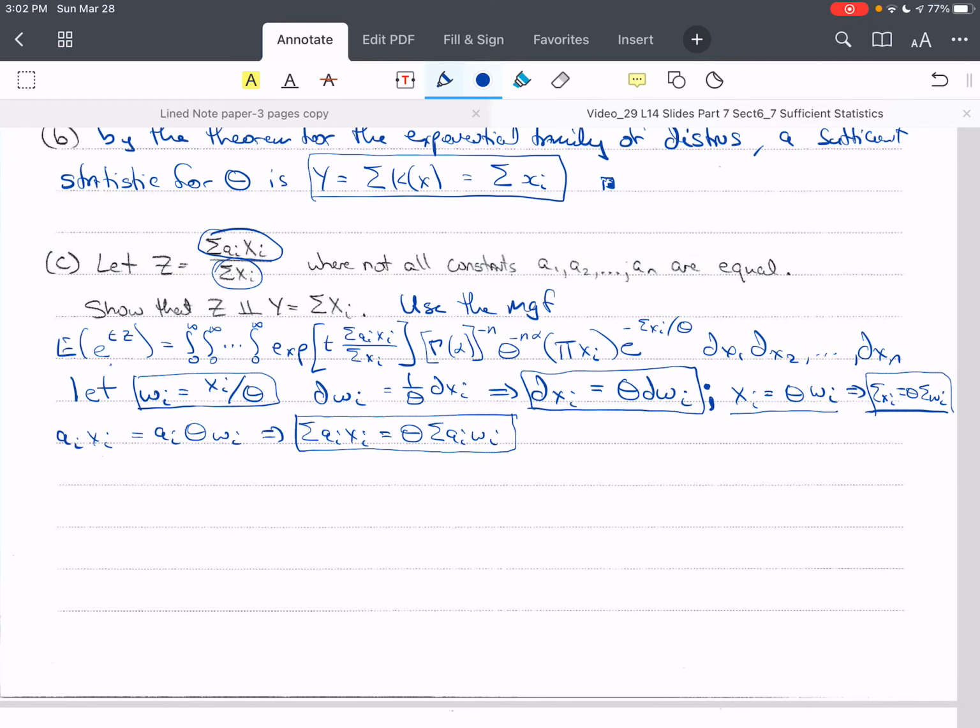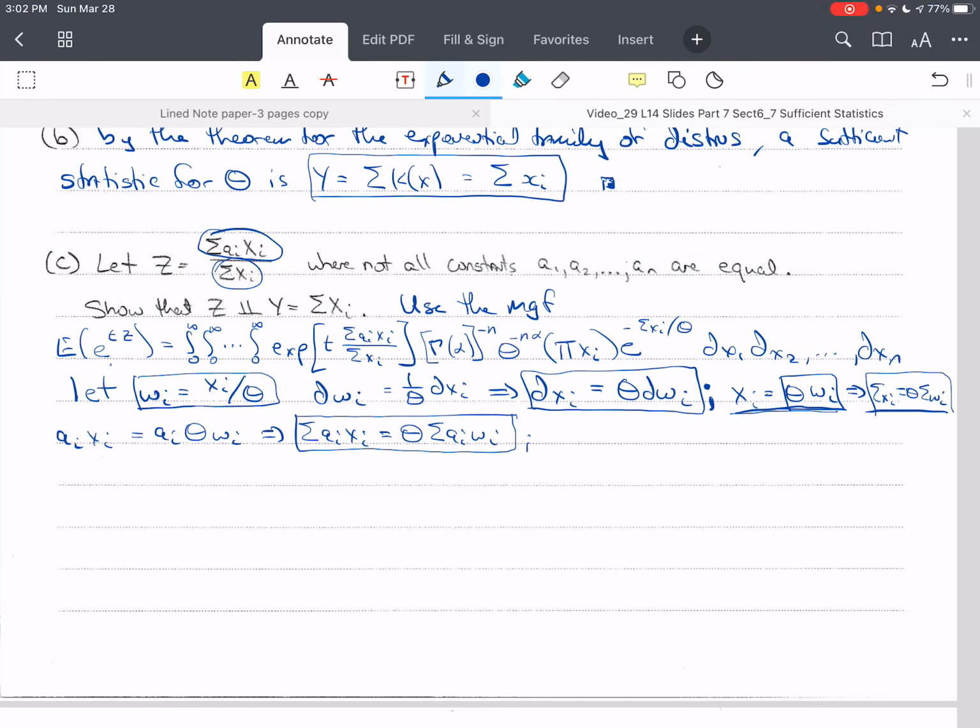Now, I can also use this here to say that x_1, x_2, up to x_n, this is the product of x sub i, is equal to, I'm going to take this for each one, theta times w_1, theta times w_2, up to theta times w sub n, which is going to be theta to the n, w_1 times... actually, let me write this a little more compactly.